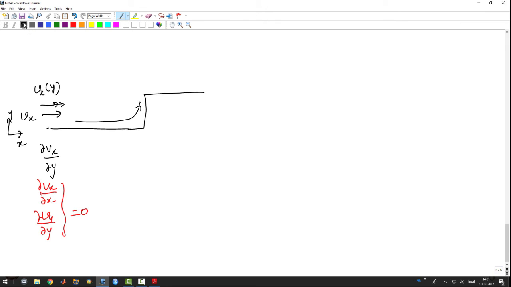But now once the material point comes here, you can see that at each and every point there is also going to be Vy and Vx, and not only that, the material's velocity will change as a function of position. Both Vx and Vy will change. So in this case we will have del Vx by del x, del Vx by del y.